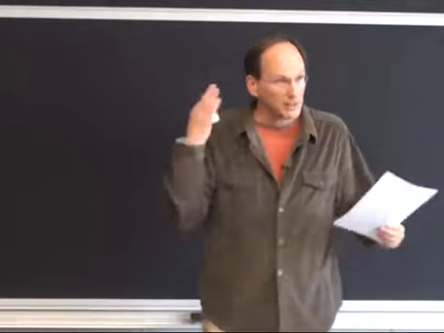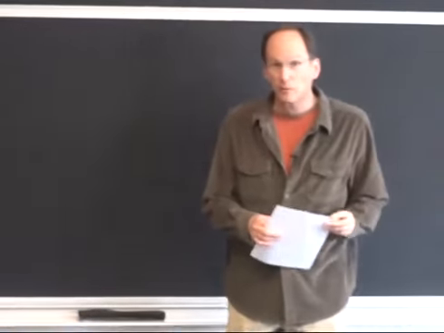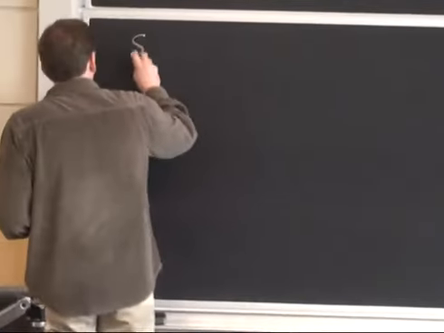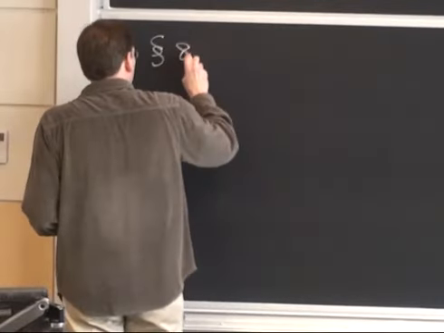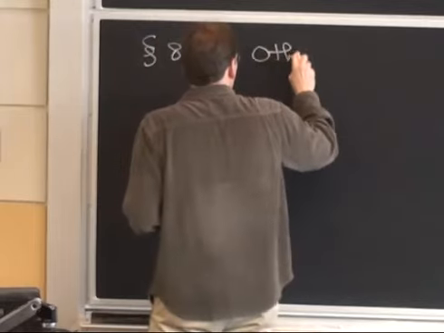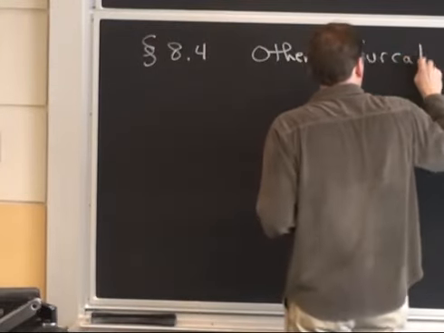But I mentioned once very briefly that there are three other types of bifurcations that come up frequently, and I want to start by discussing those, which you can read about in section 8.4 of the book. So refer to these as other bifurcations of periodic orbits.